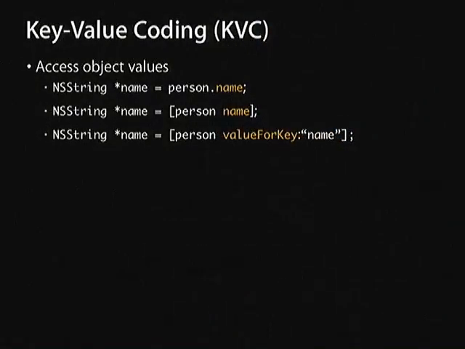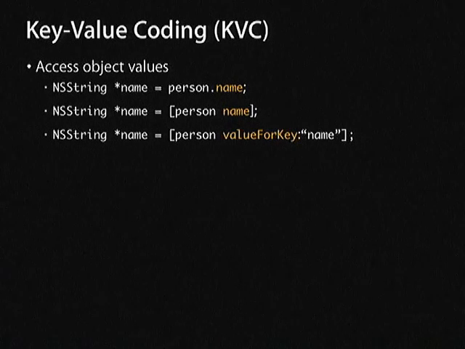You've been used to accessing properties on an object by using the dot syntax, so person.name, and you've also seen how to call the getters directly, so [person name]. But there's another way to get those values from an object, and that's using this key-value coding.